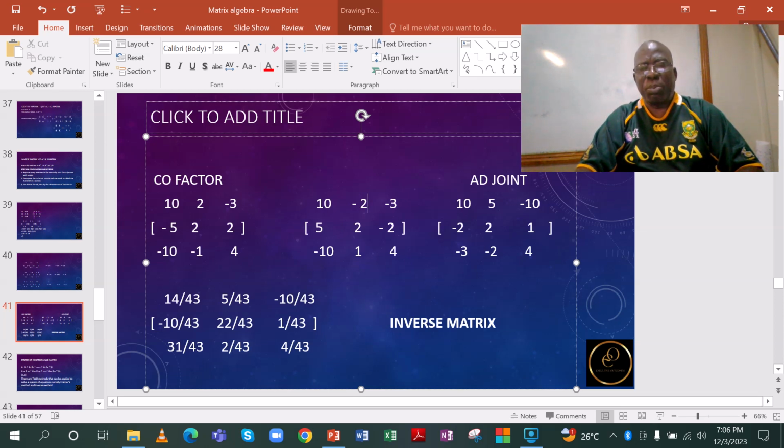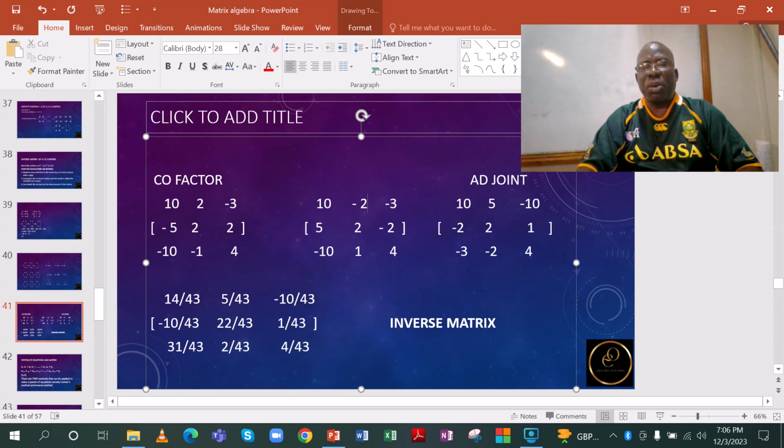When it is transposed, it will go to row 2, column 1. So that's why you find it here. This 3 is in row 1, column 3, so it will go to row 3, column 1. That's why it is found here. So that's how you transpose.